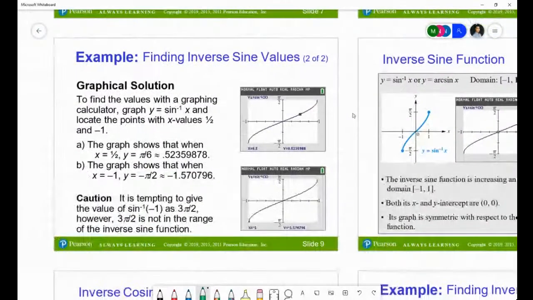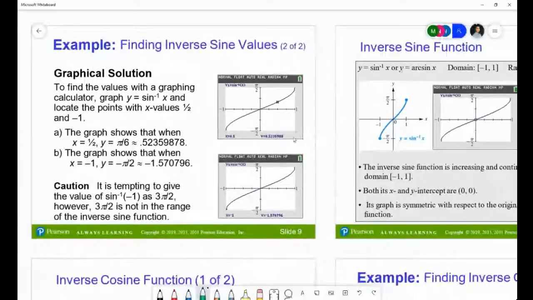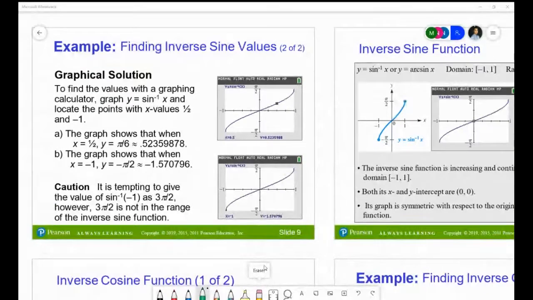All right, so now let's look at the graph of the following. Maybe we can look at the graph of both of them so we can kind of see, okay? So I'm going to pull up my calculator and show you this.